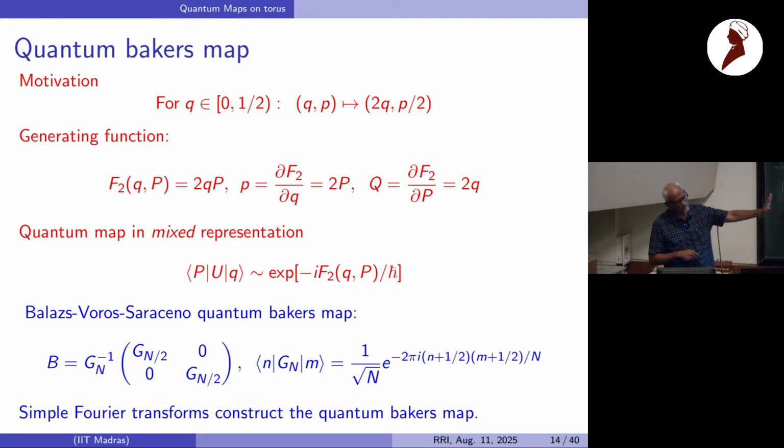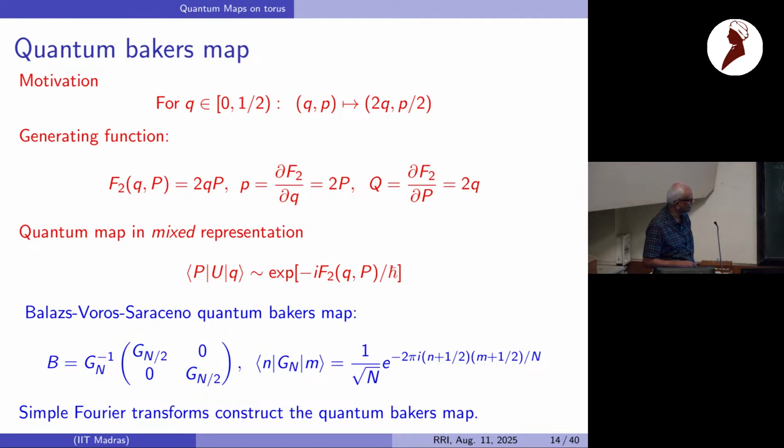So momentum generates translations in position, position generates translations in momentum, Hamiltonian generates time evolution, all that. Those are infinitesimal generators. Angular momentum generates rotation, the same thing. And in fact, because time evolution is generated by the Hamiltonian, the exponential of the Hamiltonian gives you the quantum propagator. It's exactly the same thing.